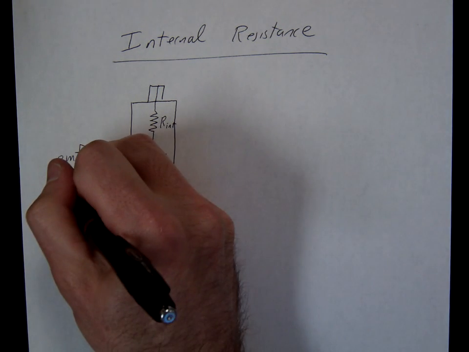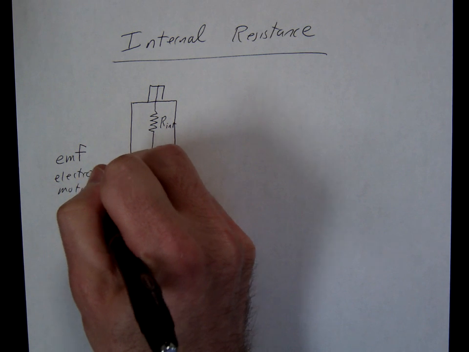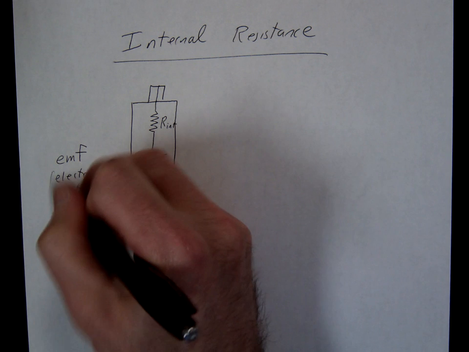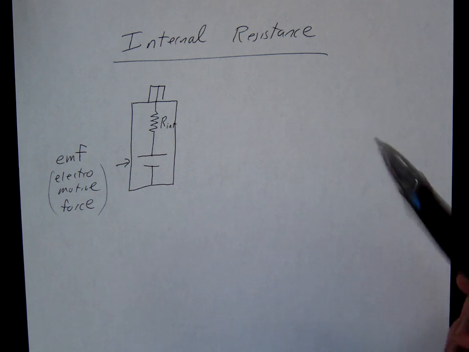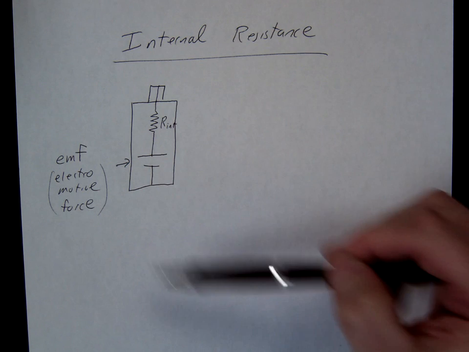EMF stands for electromotive force. This is more a historical thing than anything else. Back before they knew what was going on with atoms and electrons, they just knew there was something pushing the charges through.